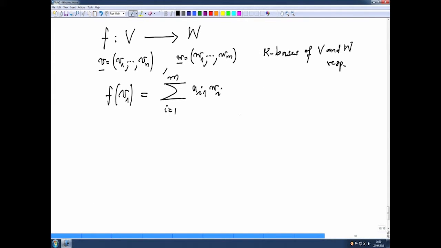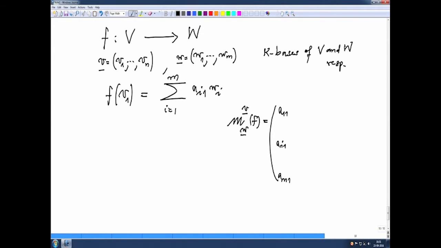Therefore, in the matrix of f with respect to v and w, this gives the first column a11, ai1, up to am1.